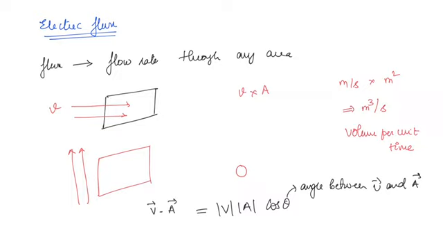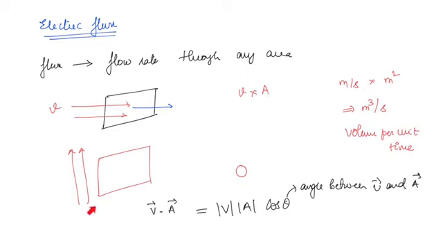So you can see here that in the first case, the velocity vector is perpendicular to the plane, or we can say it is parallel to the normal vector. We always take the normal vector, and the normal vector will be perpendicular to the plane. So in that case theta is going to be 0, and we simply get the product of velocity and area.